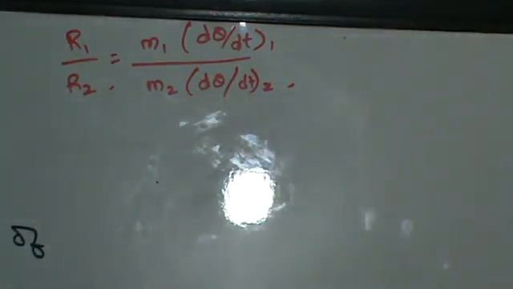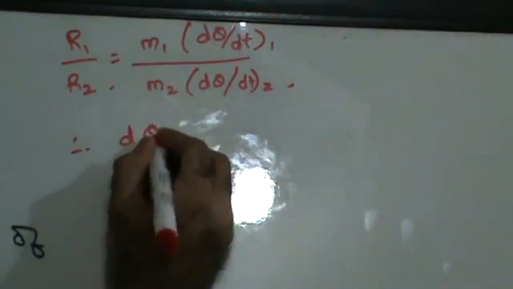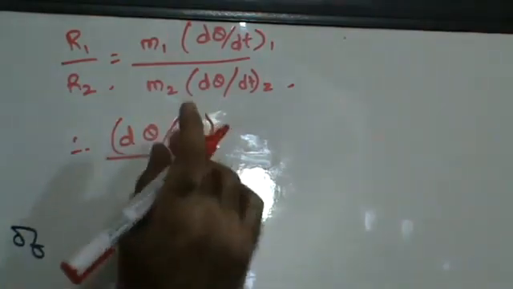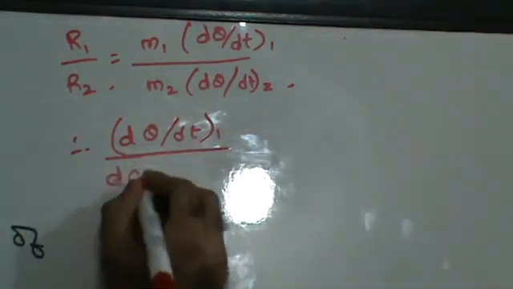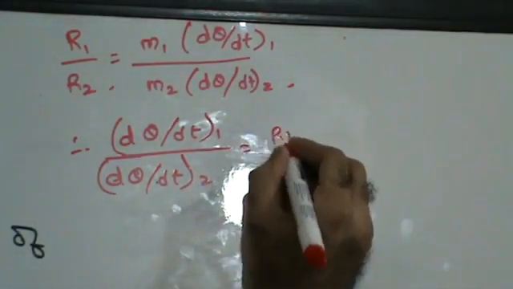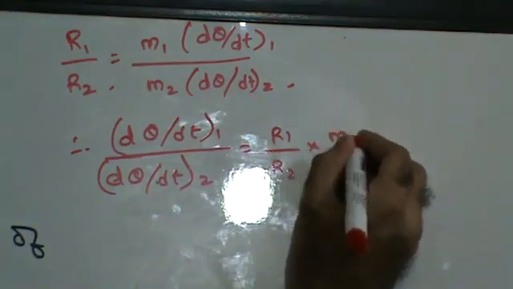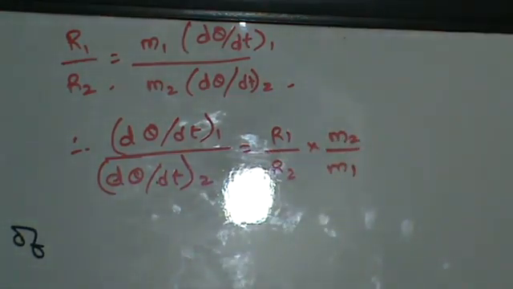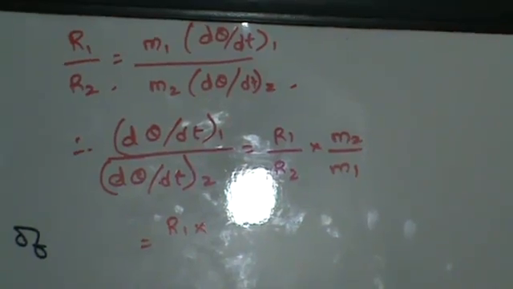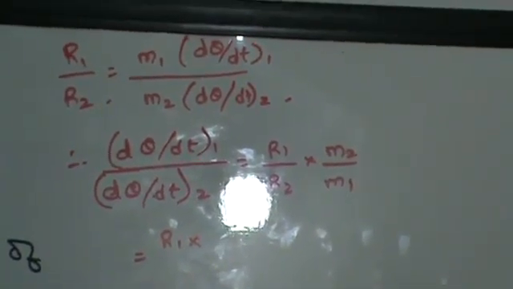They've asked you to compare the rate of loss of heat, right? No, they've asked you to compare the rate of fall of temperature. That means I can say d theta by dt1 upon d theta by dt2 is equal to r1 upon r2 into m2 upon m1, cross multiply, right? In which case this is equal to r1 into m2 upon r2 into m1.